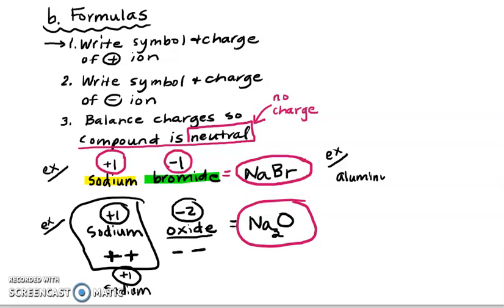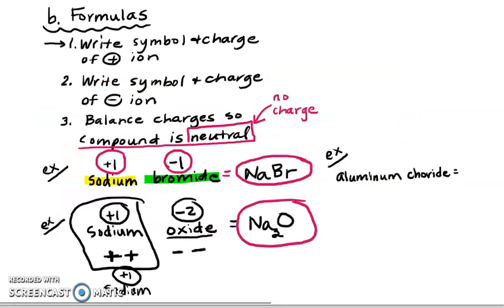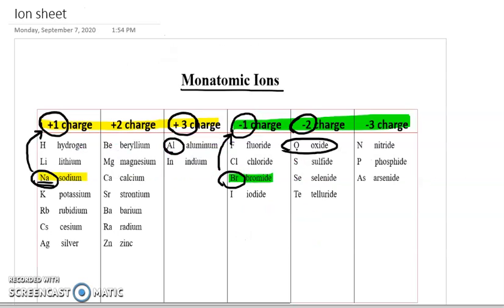So let's do this one. Aluminum chloride. So again, first step, we go to the ion sheet and we find each symbol. There's aluminum and its charge, +3. So I'm going to write down Al +3. Now I'm going to look for chloride.